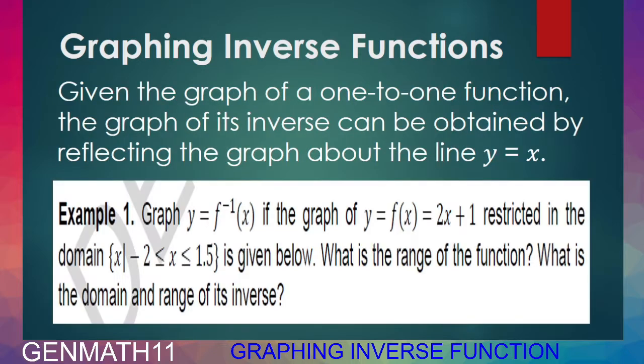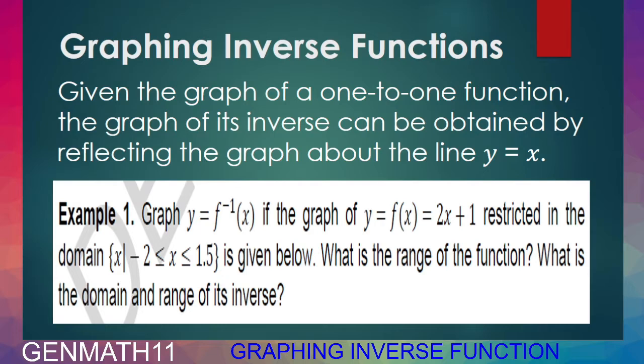So next, given the graph of a one-to-one function, the graph of its inverse can be obtained by reflecting the graph about the line y equals x. Ibig sabihin, kabaliktaran siya ng ating original function. Yung domain at range ng ating function ay magbabaliktad lang.